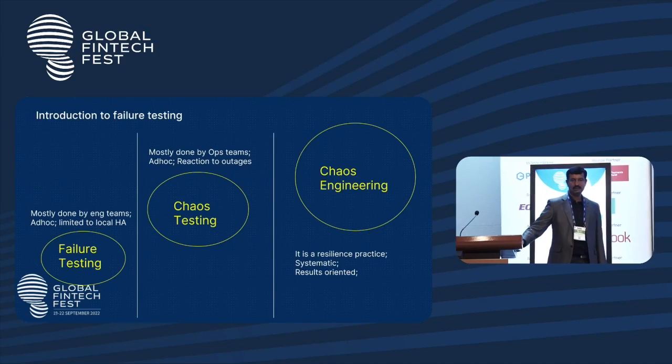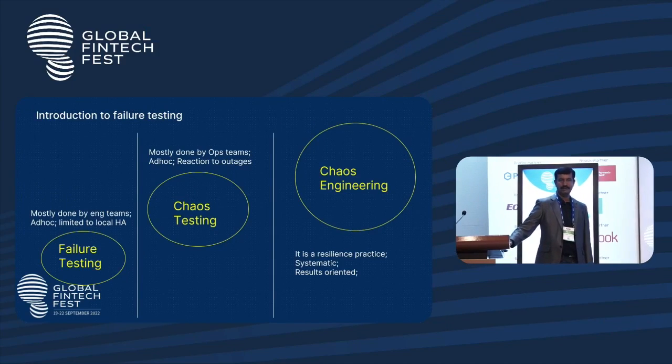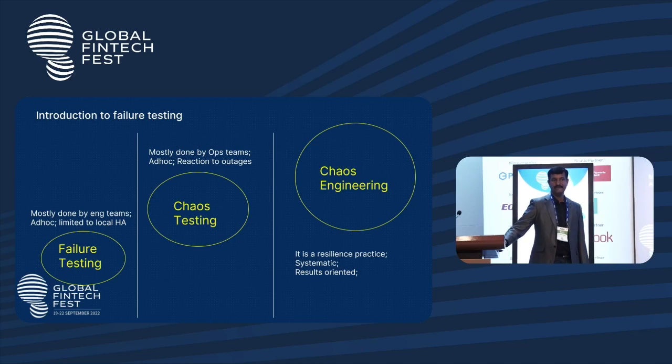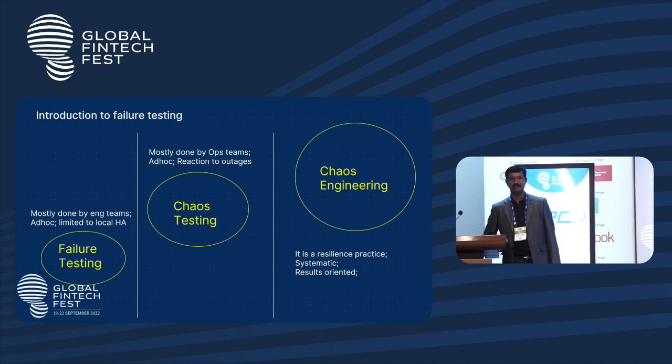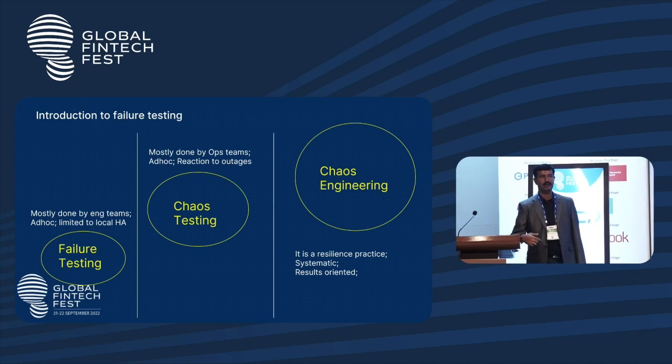making it a practice, a more disciplined way of introducing faults and gradually improving your test coverage with respect to faults, which I'll talk about. So chaos engineering is always result oriented. You should be able to say that I am resilient against 50% of the possible faults, right?